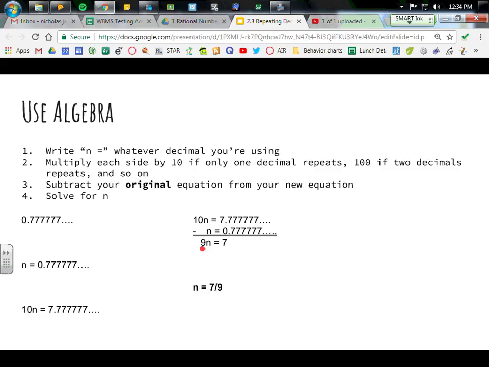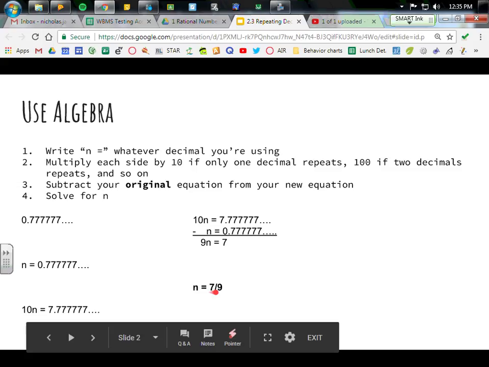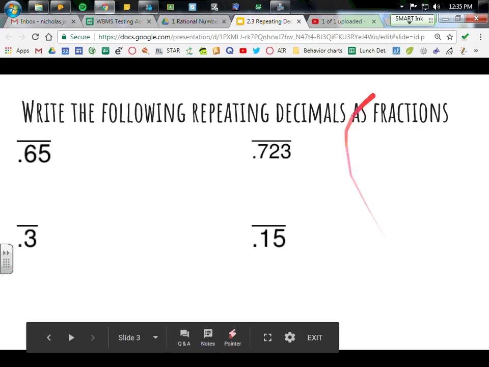I'm left with 9n, because I have to subtract 1n from 10n. 9n equals 7. Now, to solve, you would divide n by 9, and I would have to divide 7 by 9 as well. That is simply the fraction 7/9. It's a pretty neat process. I really enjoy it. Let's practice on a few.